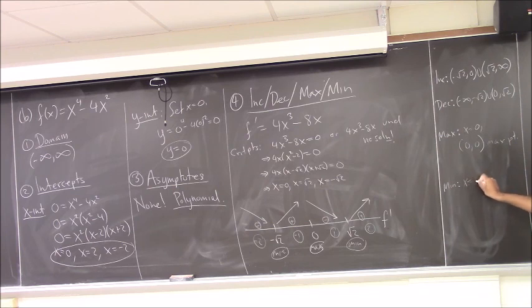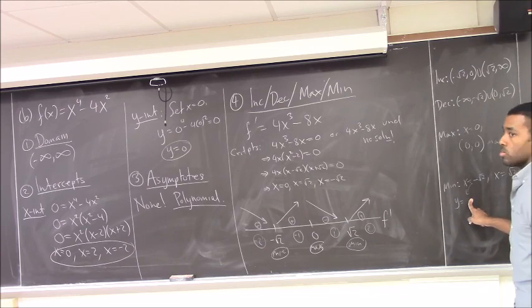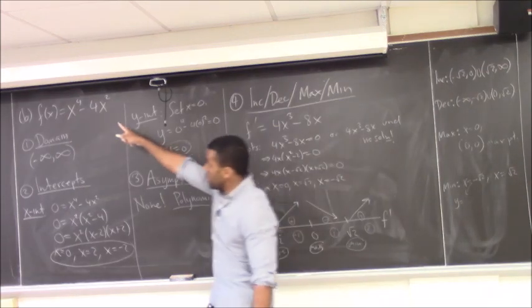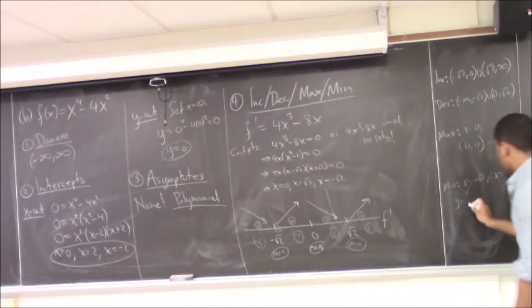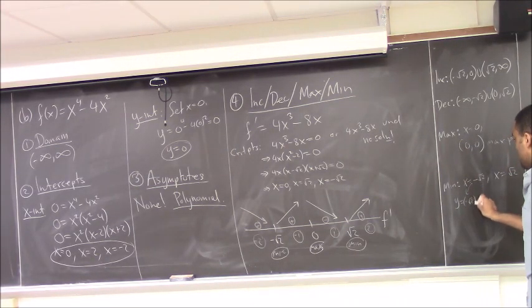Minimums occur at minus radical 2 and positive radical 2. This means your y values will be, how do I find the y value when my x is minus radical 2? Into the original function is where you plug that in. So you can do this in your calculator, but this is also easy enough to do by hand.